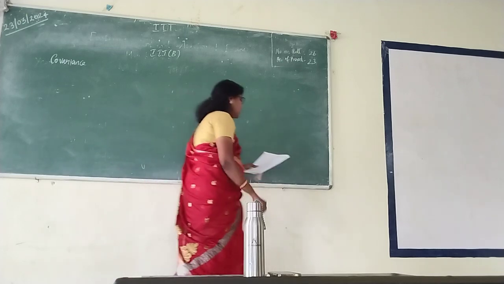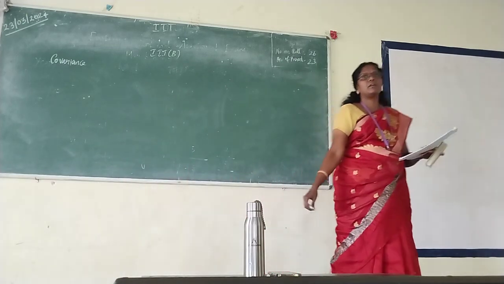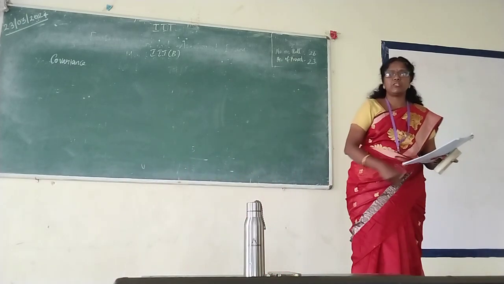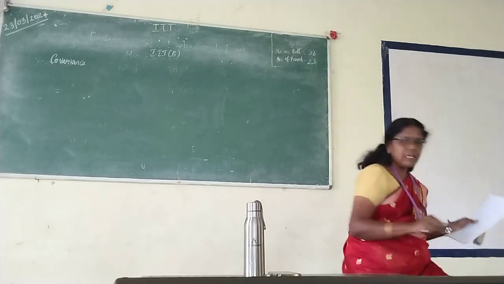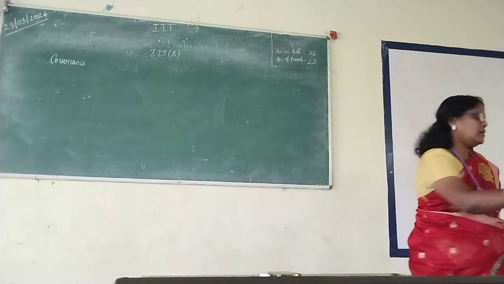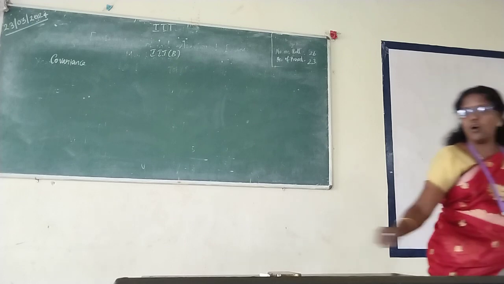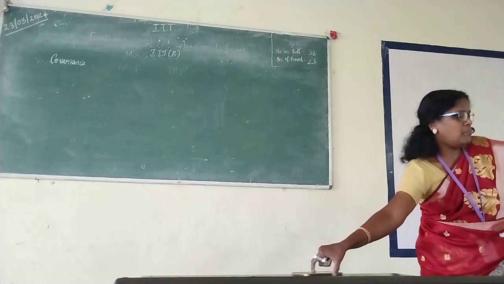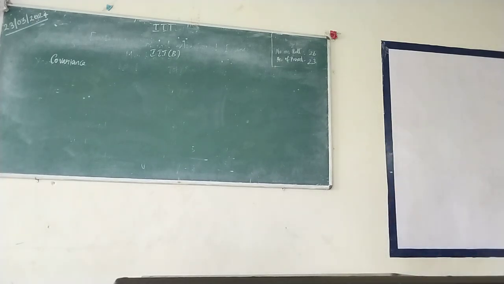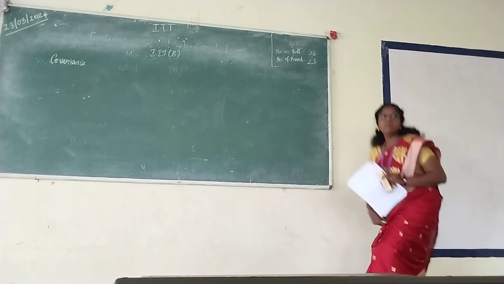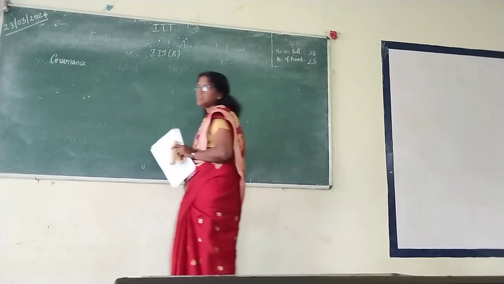A common measure of the relationship between two random variables is called covariance.